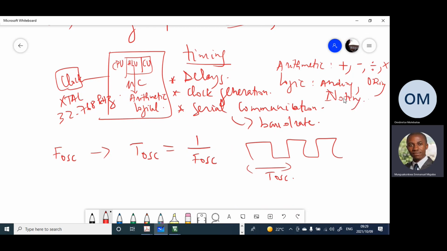And from there, of course, you've got derived logic operations, which include your XORing, NOR, NAND, etc. And you can go as complex as you can by forming what we call logic expressions.